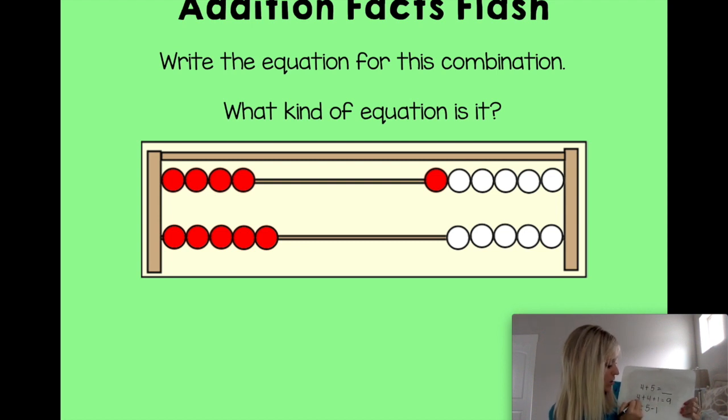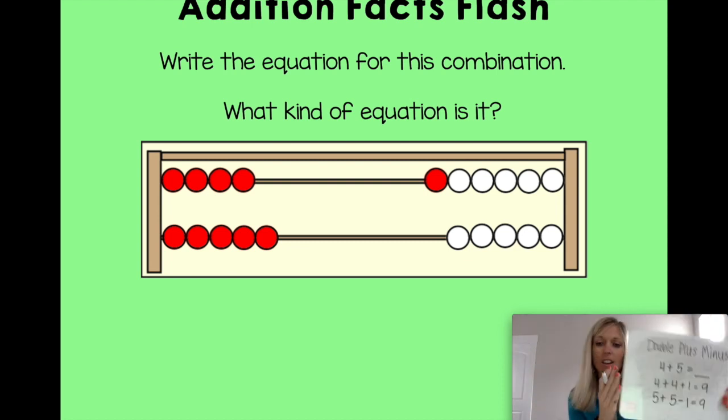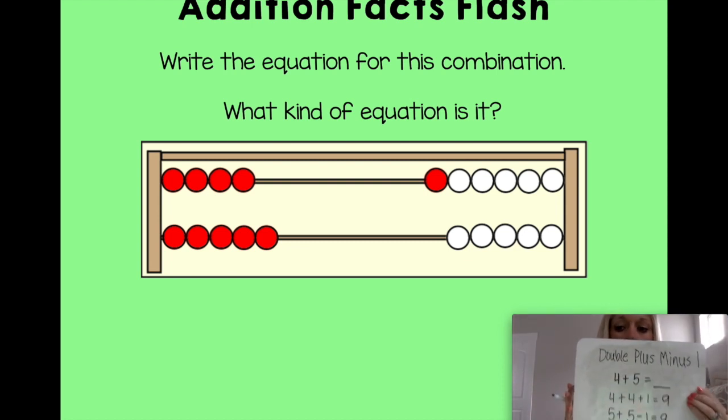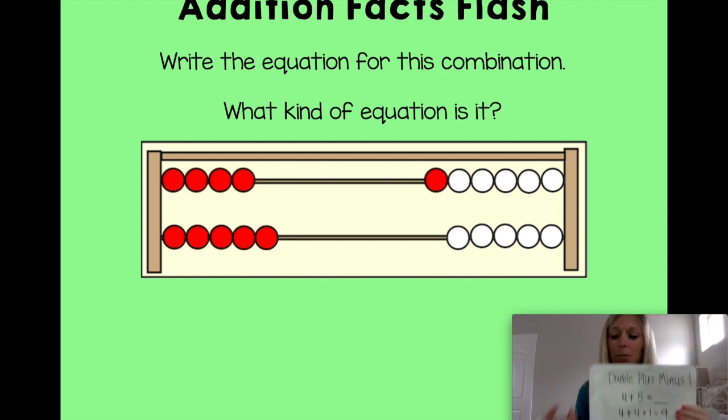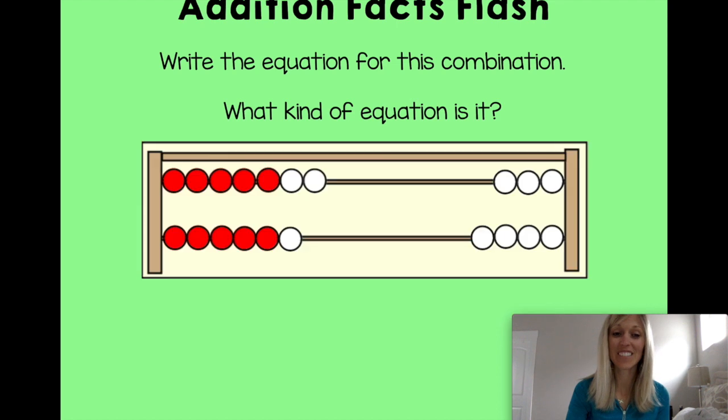And I have to minus 1 because I added an extra, so I got to take it back away. Minus 1 equals, what does that equal? 9. So this one, remember, is called doubles plus or minus 1. Good job.